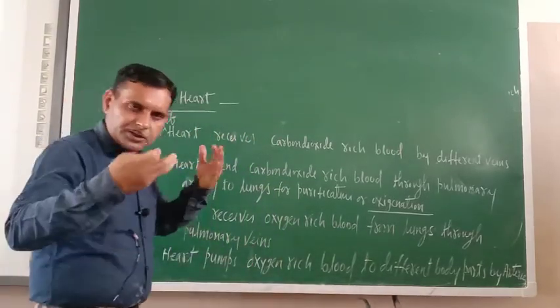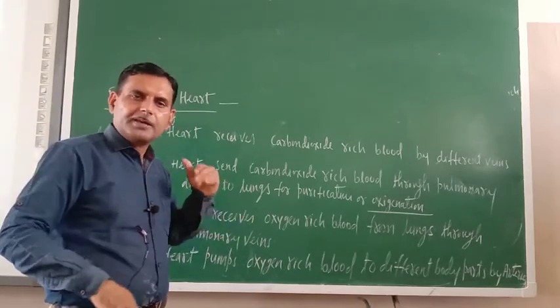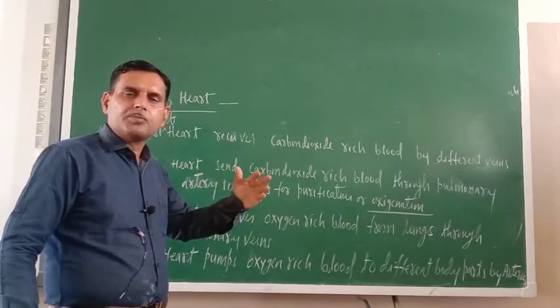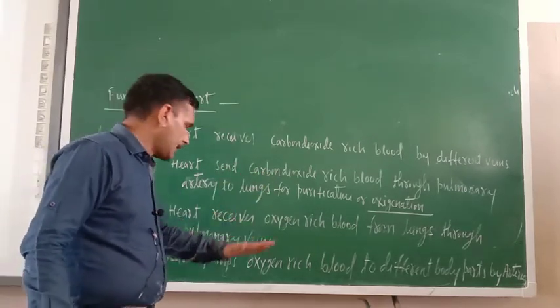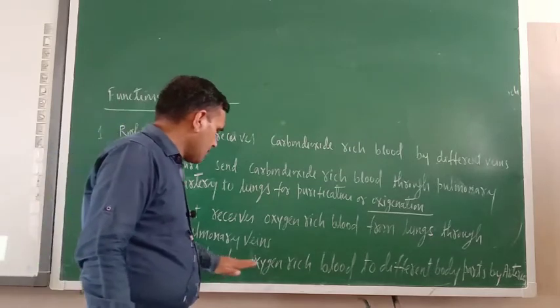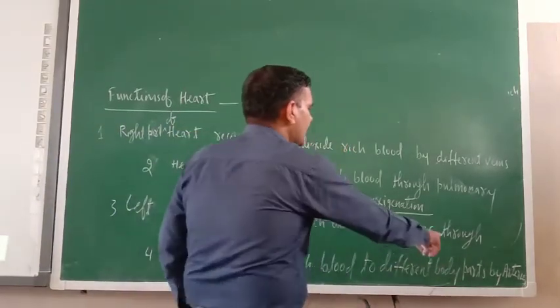Okay, now there also the blood will not be stored in the left part of the heart. Immediately it will be pumped to the different body parts by arteries. So the heart pumps oxygen rich blood to different body parts by arteries.